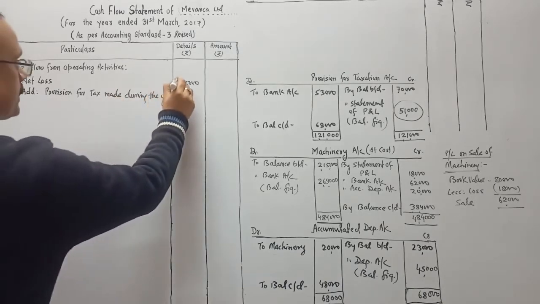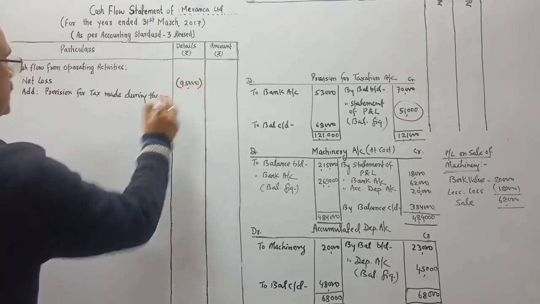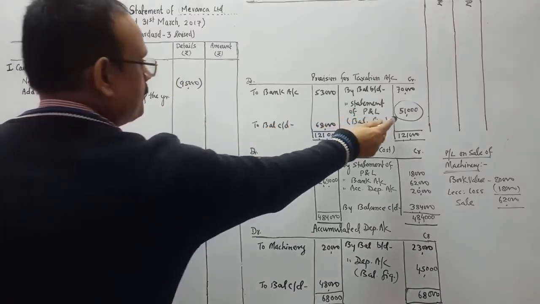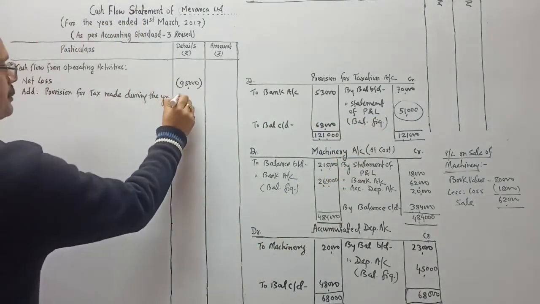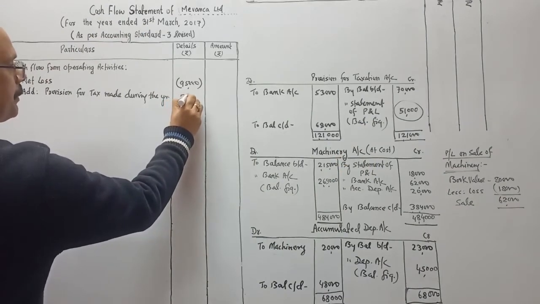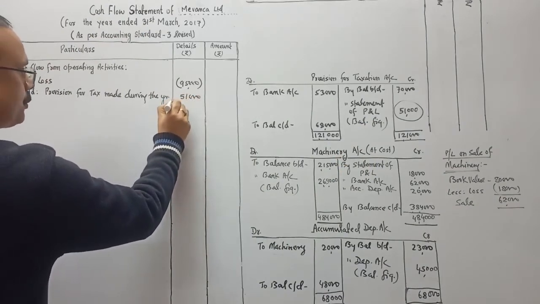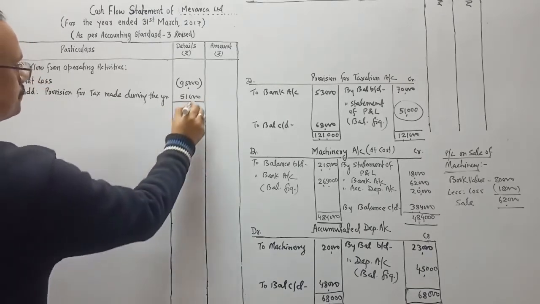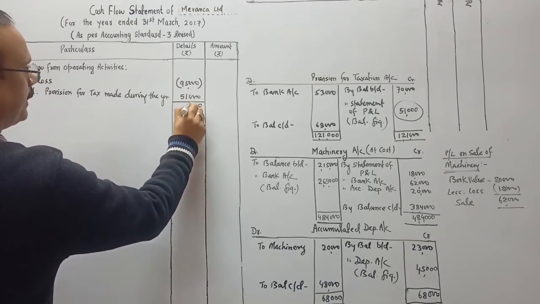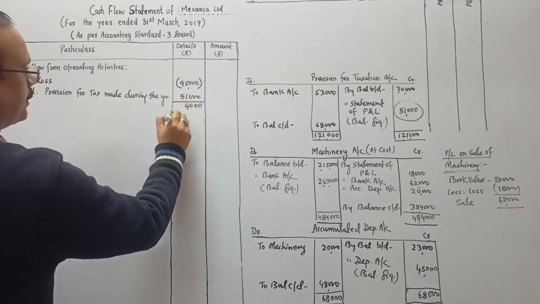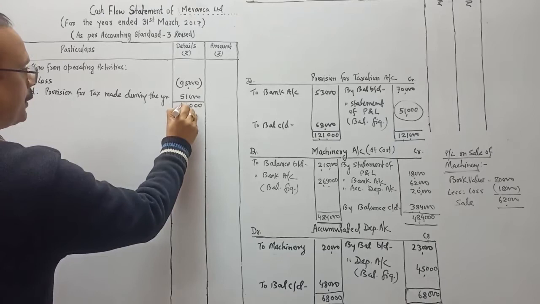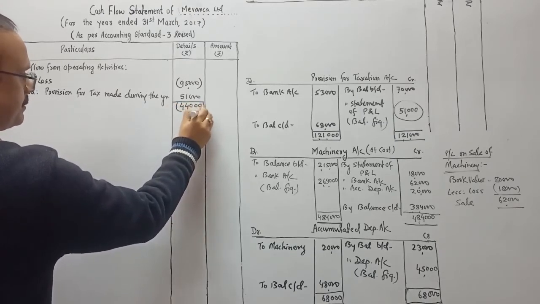The provision for tax made during the current financial year is 51,000. So you add it. After addition, this is minus, this is plus, so this is 44,000 minus.